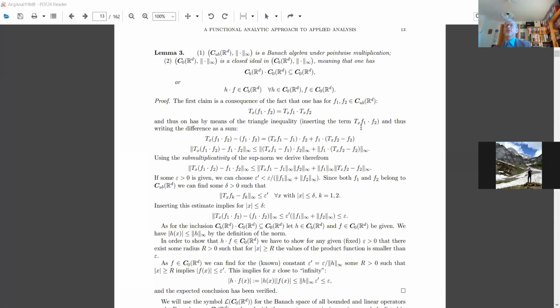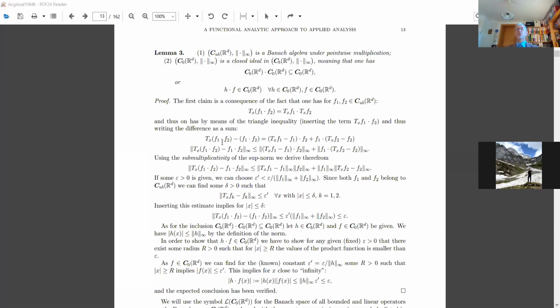You are free to choose either tx f1, I mean shifting only the first one, leaving the second invariant and multiplying with f2, or try to do it with a piece of paper and a pencil to do it yourself with the other term, which is to leave f1 invariant and insert tx of f2. So the identity is by inserting a term.